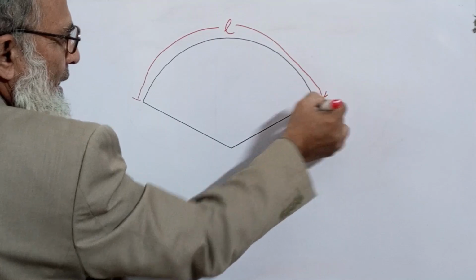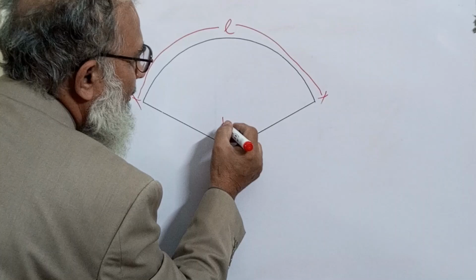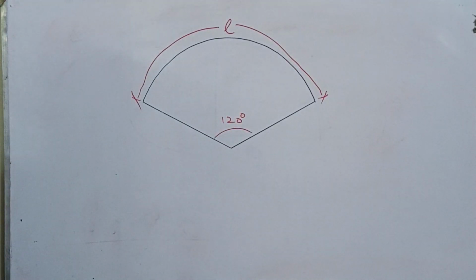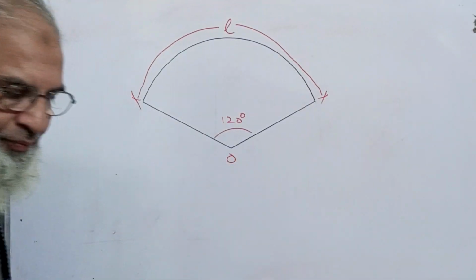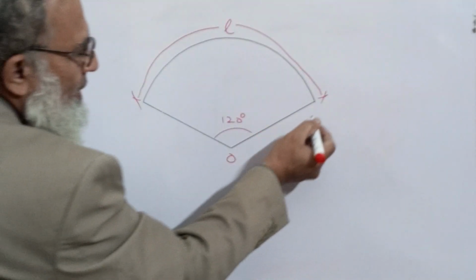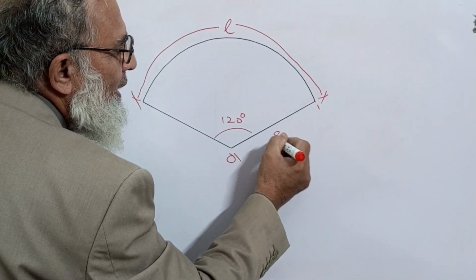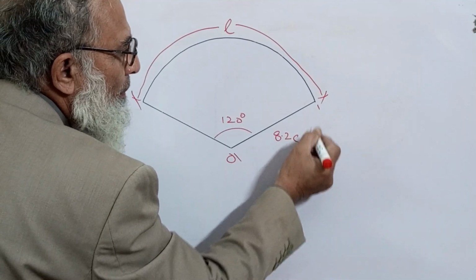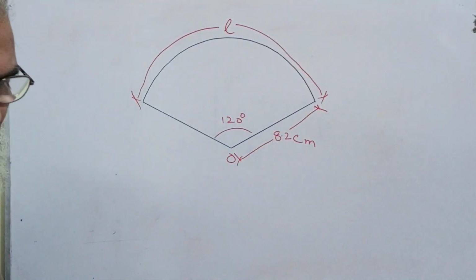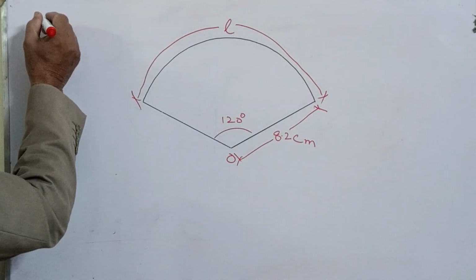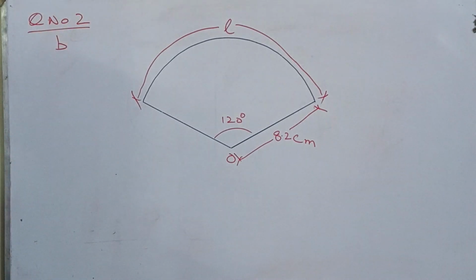This arc length is L. The angle is 120 degree, as I already told you, and the center is O, and this is the radius from here to here. It is 8.2 centimeter. Okay, now this is all which is given to us. Now the question is question number 2, part B.